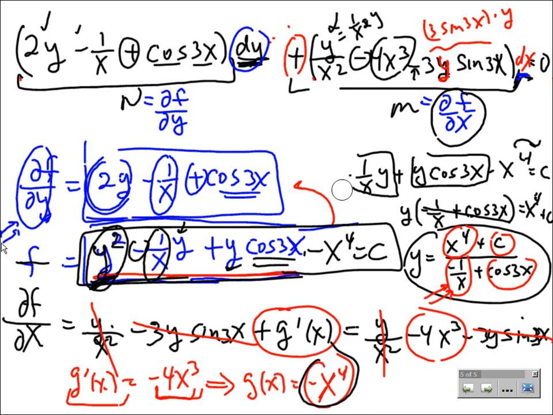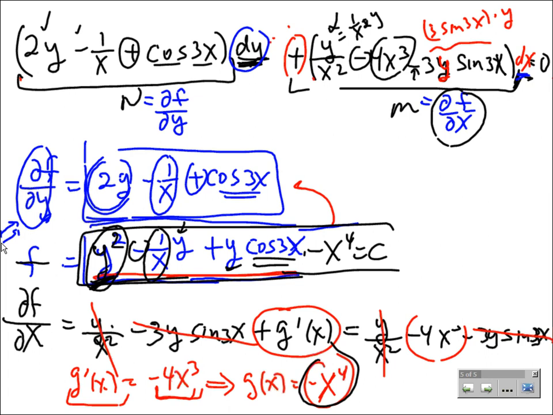But I'm not going to do it because that wasn't even a solution. This is not the solution. The solution to this differential equation is right here. Y squared minus 1 over xy plus y cosine 3x, excuse me, minus x to the 4th is equal to a constant.